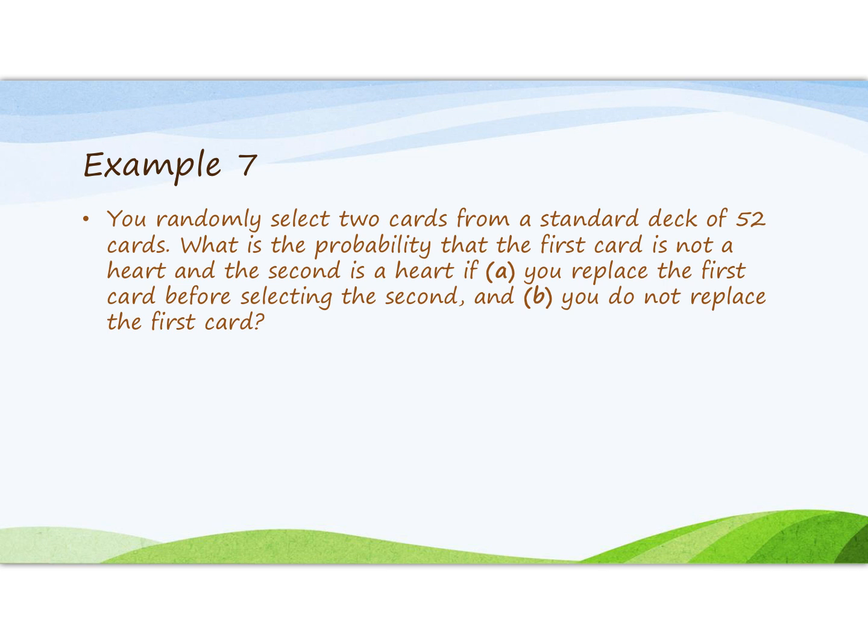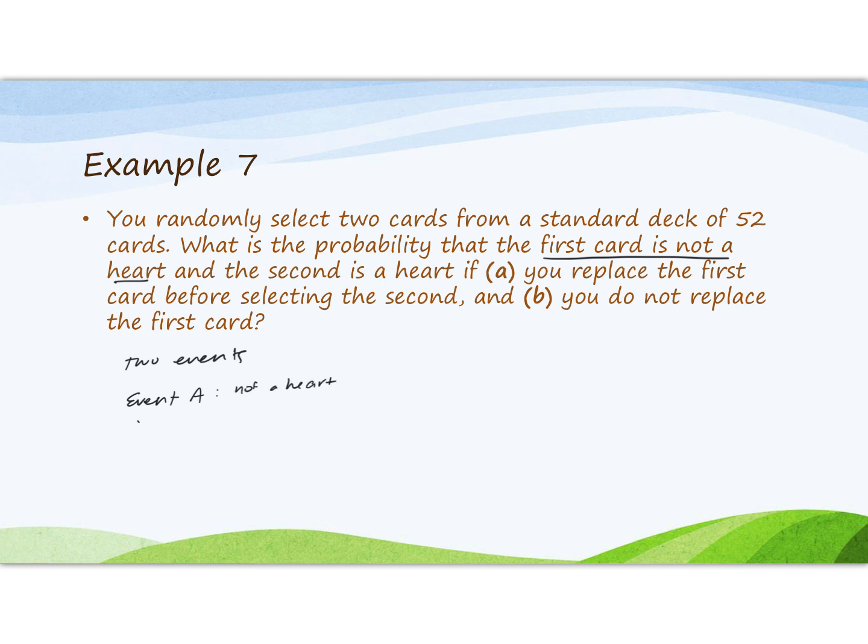And then the last one we've got here. You randomly select 2 cards from a standard deck of 52. So again, you've got 2 events, right? Event 1, or A, they want to know the probability that the first card is not a heart. So not a heart.